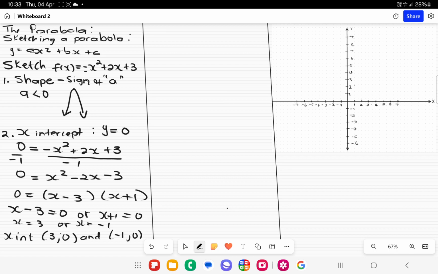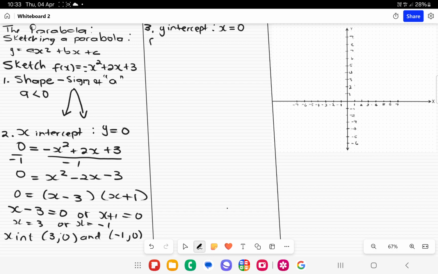Perfect. From there, we are going to find number 3, our y-intercept. And how do we get our y-intercept? Our y-intercept is found where x is 0. So wherever I see x, I put my 0.